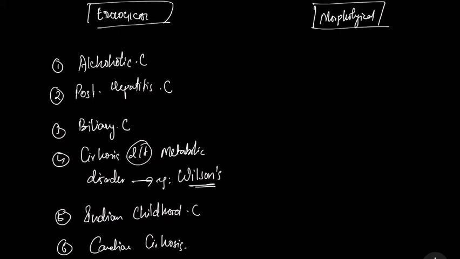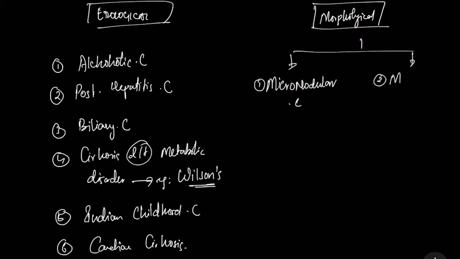So coming to morphological cirrhosis. These are based on the morphological features, that is the gross features, and that will be concerning your nodules. So they are micronodular cirrhosis and macronodular cirrhosis.